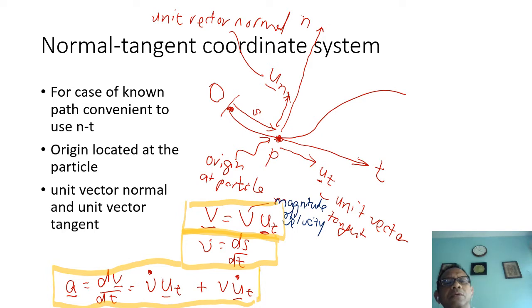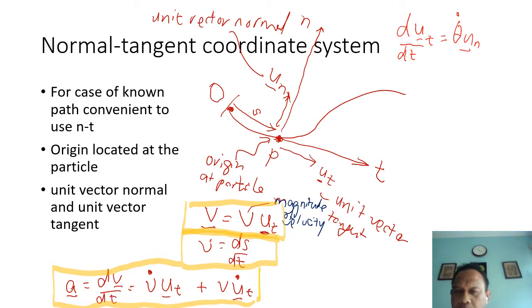You can derive du, the differentiation of the unit vector, but I'll skip the derivation. I'll just show you the results here. Du t, the unit vector t, over dt is theta dot un.